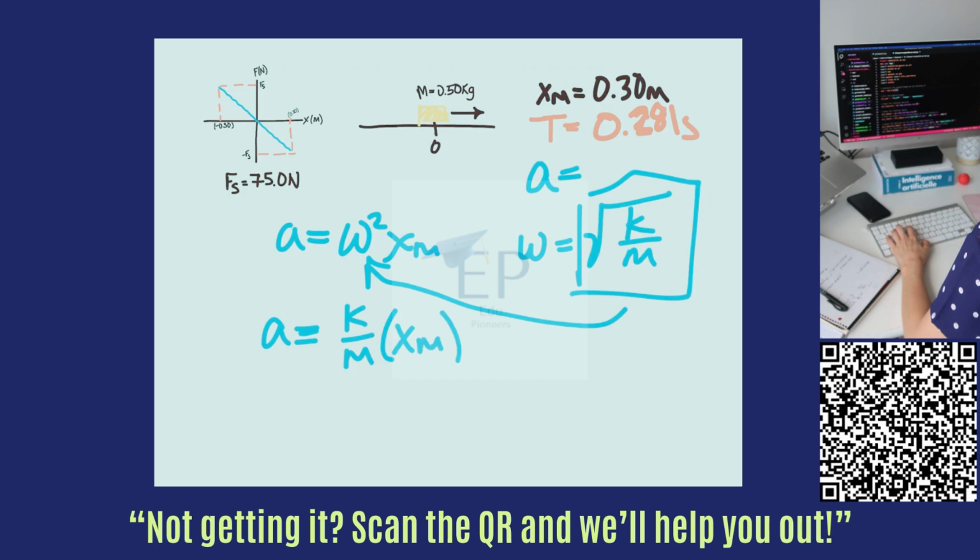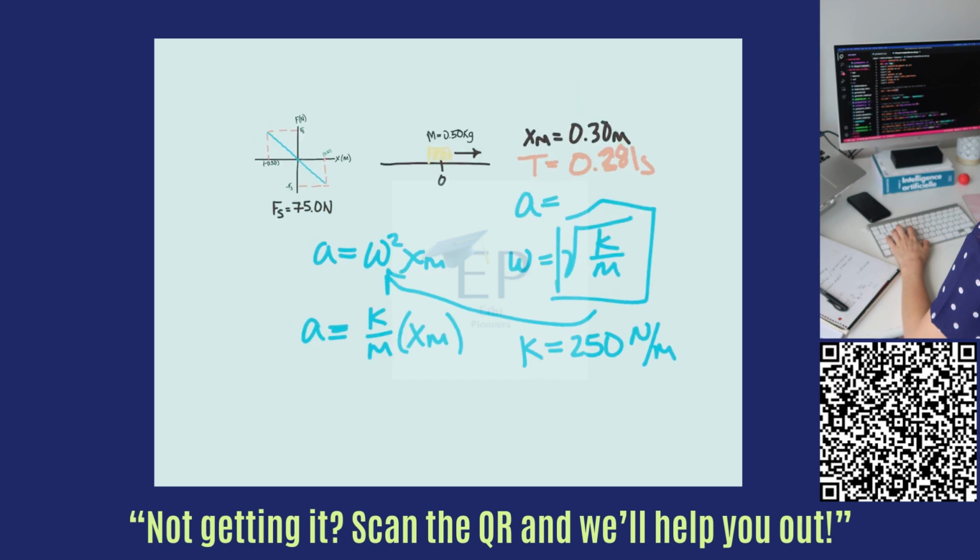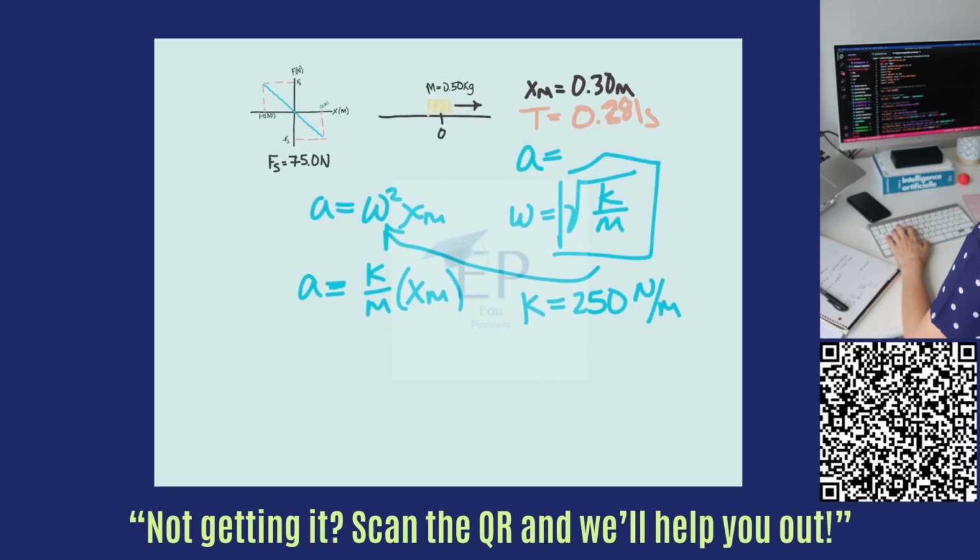And we solved for k earlier, and we had that k was equal to 250 newtons per meter. So now we can substitute in these values to find our acceleration. So we're going to have acceleration equals 250 newtons per meter divided by 0.50 kilograms, all times 0.30 meters.